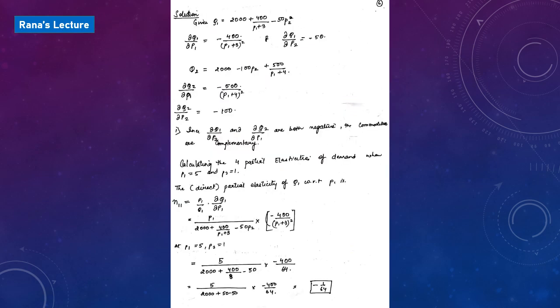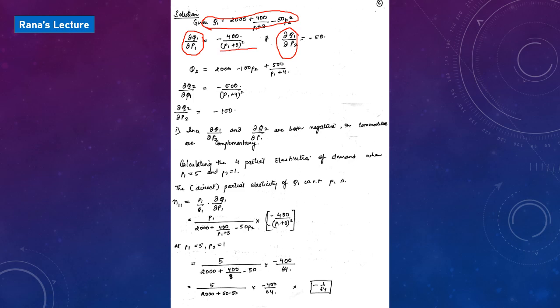This is the solution. You calculate. This is the equation. This was the function given to you. You calculate for Q1. Q1 is given in terms of P1 and P2. So you calculate delta Q1 by delta P1 and also you calculate delta Q1 by delta P2. When you differentiate this, you get minus 400 by P1 plus 3 square.